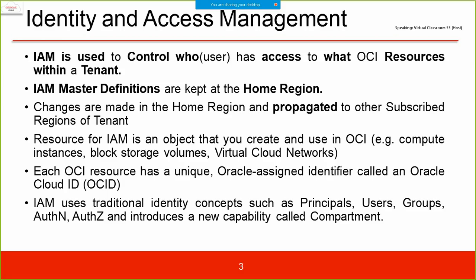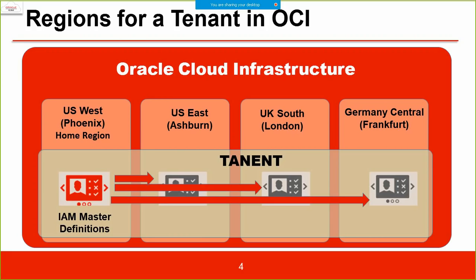IAM uses traditional identity concepts like principals, users, groups, authentication, authorization, and introduces a new capability called compartment. And that's how the users are organized in identity and access management, IAM. This is what I was trying to explain: in Oracle Cloud Infrastructure, you are subscribed to a region, for example US Phoenix, which is my home region.